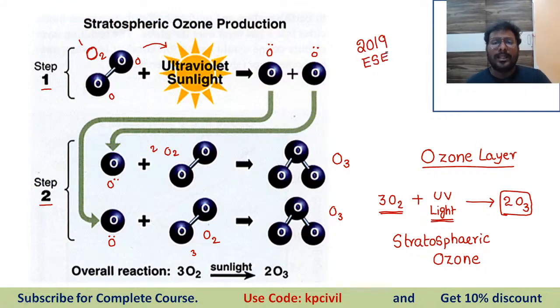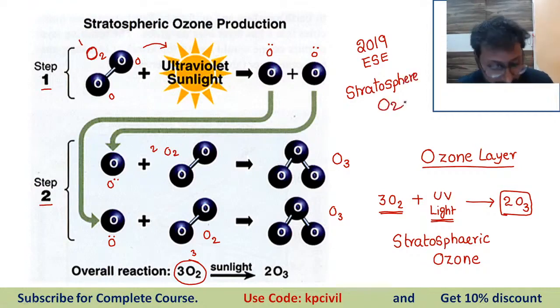Which molecule is responsible for interacting with ultraviolet radiation in the atmosphere? So it is not ozone. What is our answer? Stratospheric oxygen, which is reacting with UV radiation.